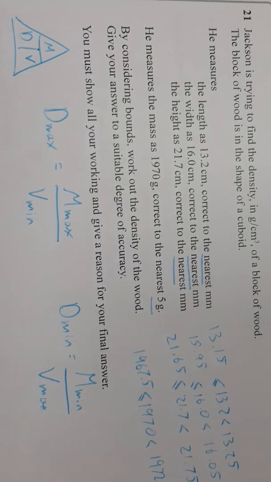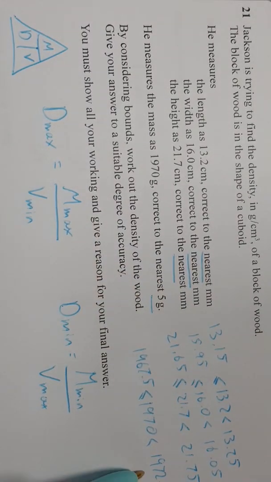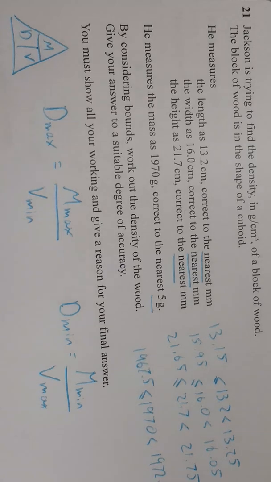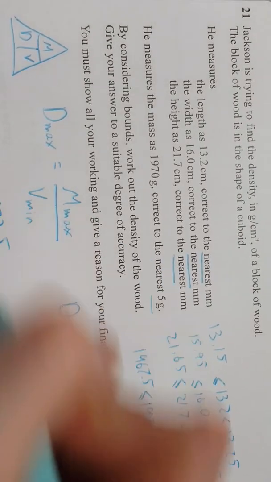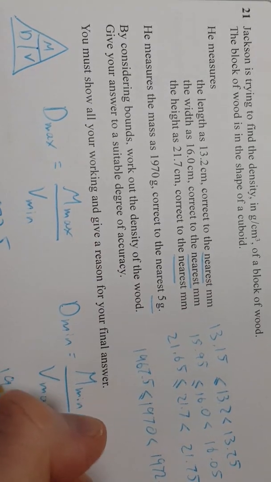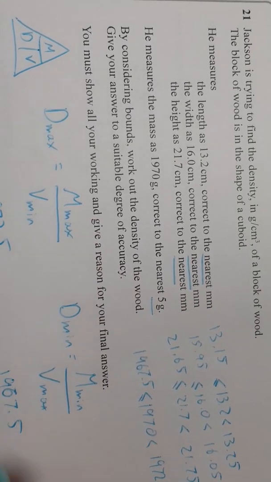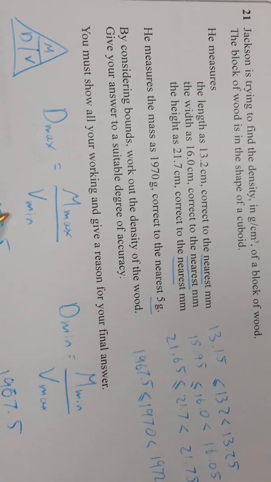Now we've got the maximum mass, which is 1972.5 grams. We've got the minimum mass, which is 1967.5 grams. We need to get the minimum volume and the maximum volume.